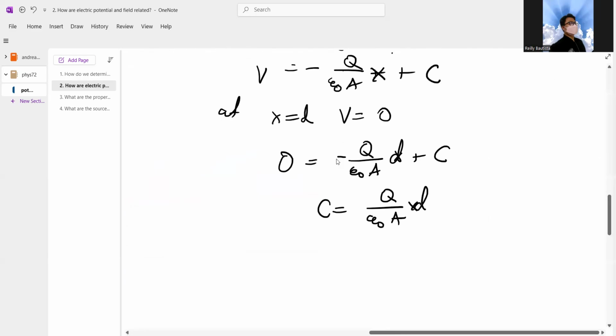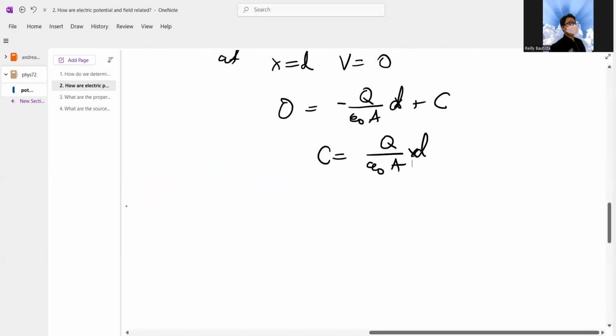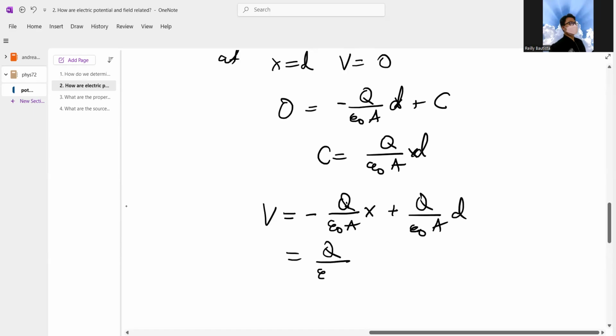Everything makes sense, so let's put it back to the formula. V is equal to q over epsilon naught A times d minus x. So this is the answer.